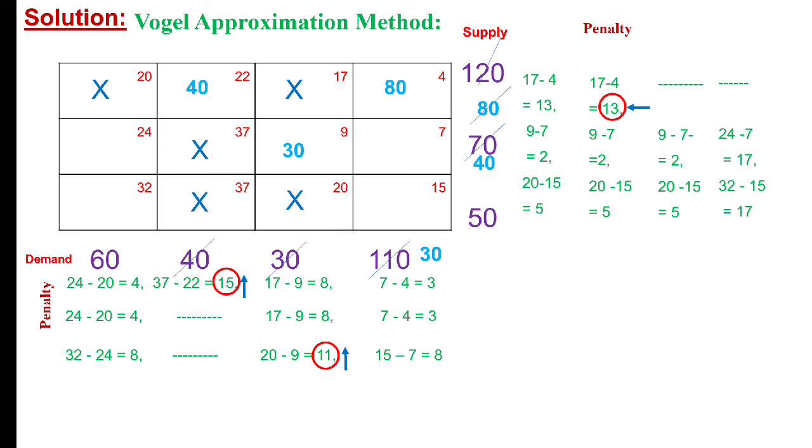Here the row-wise penalty is 17, 17. Column-wise penalty 8, 8. So the row-wise penalty is the maximum. 17 and 17 are there. In that, first preference will be given to the rows, in 1, 2, 3 order. The first row is not there. Between the second and third rows, the second row is the minimum, so it will be considered as the second row penalty.